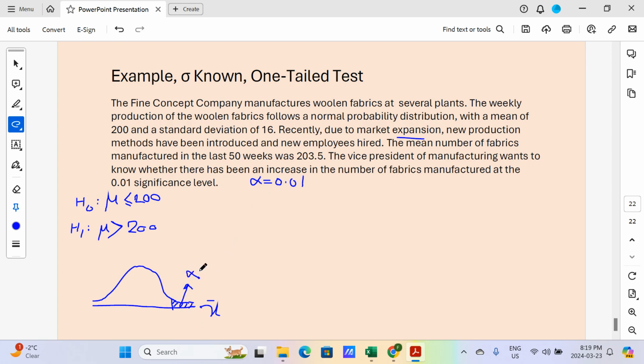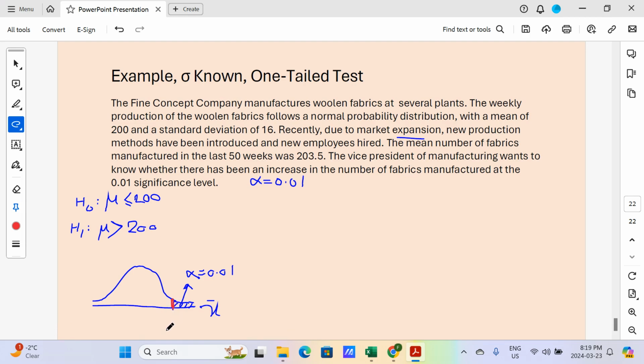So alpha is the area of the rejection region, right tail. So far I know the rejection region is on the right side. I have a one-tail test. Rejection region is on the right side, but I need to identify the rejection region clearly. I need this cutoff point.